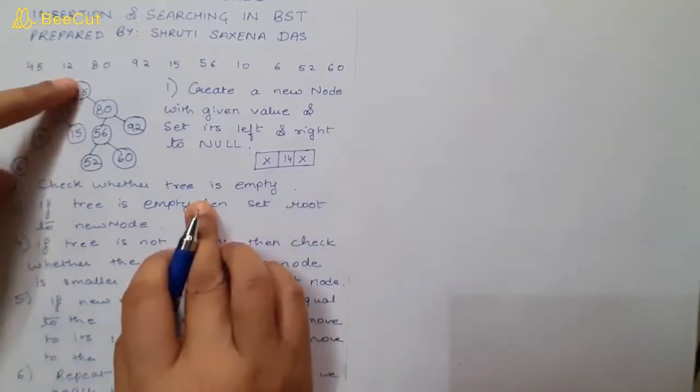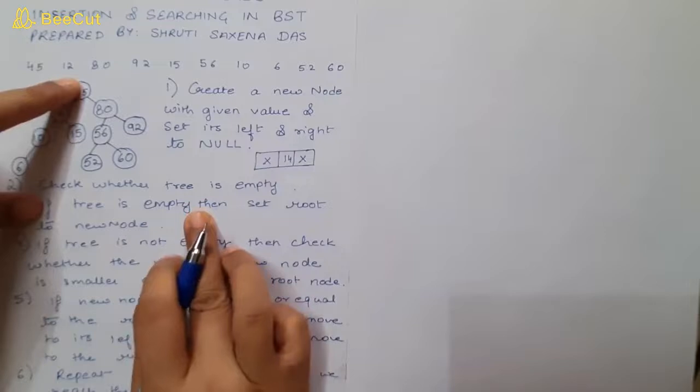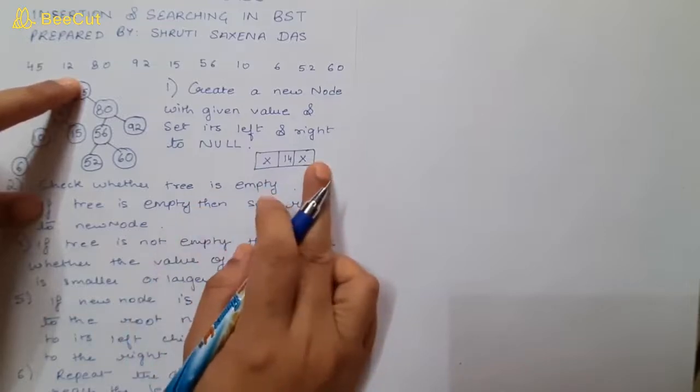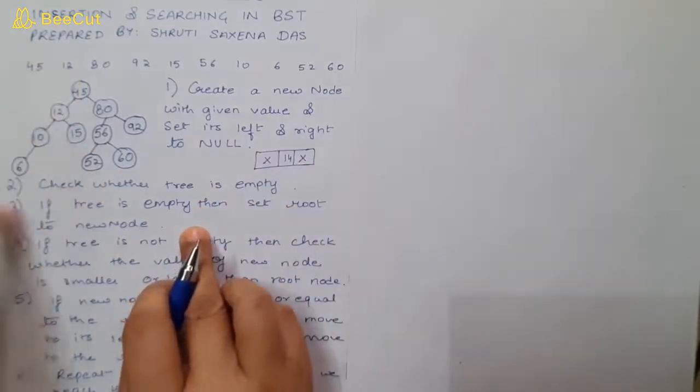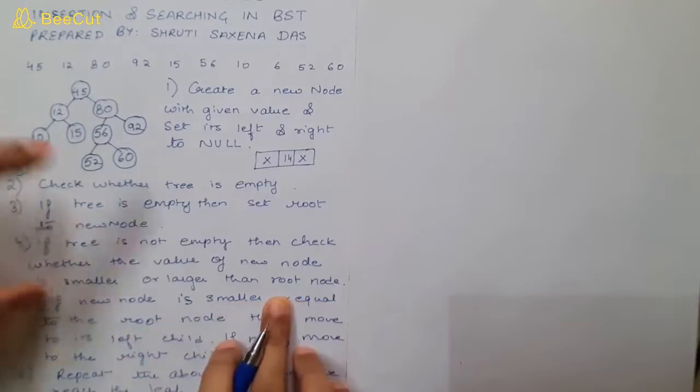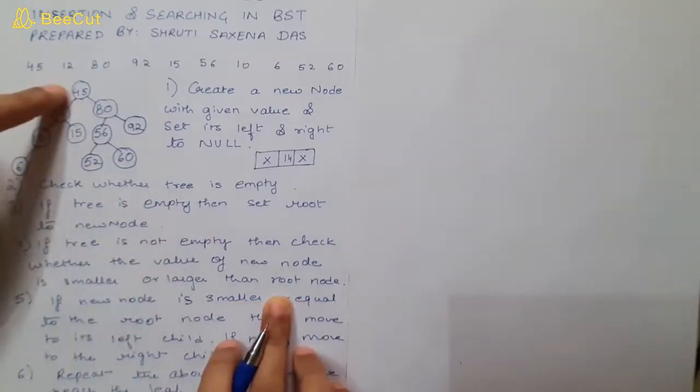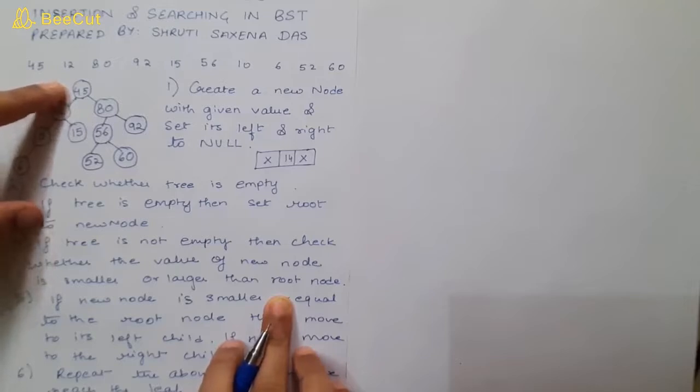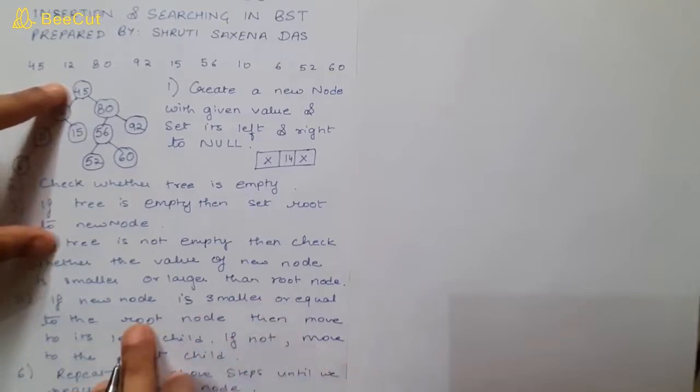Here the tree is not empty, so we'll come to the next step. We'll compare 14 with the root, 45. It is smaller than 45, so come to the next point.